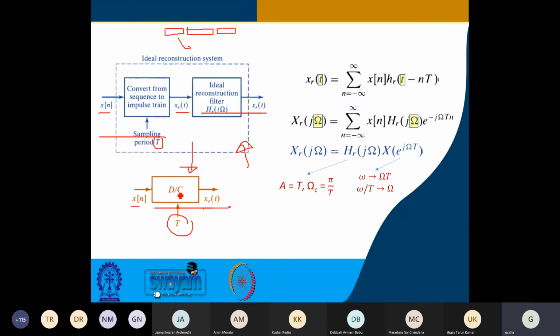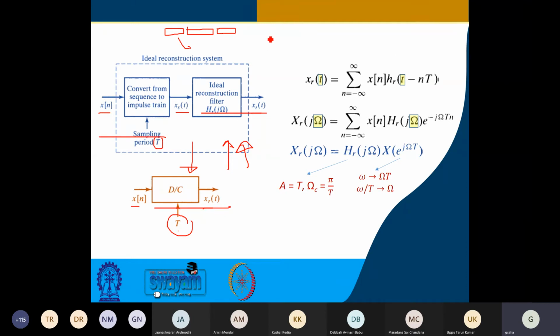This D/C, digital to continuous converter, if you see in the book, this is the meaning. And what is the meaning of each of these blocks, we have discussed before. Okay. Now, coming to the notations that we are using, we shall again look at it because, of course, we understand this x[n] will be a processed x[n].